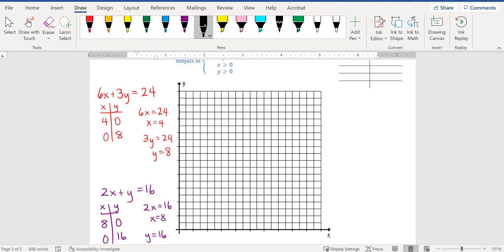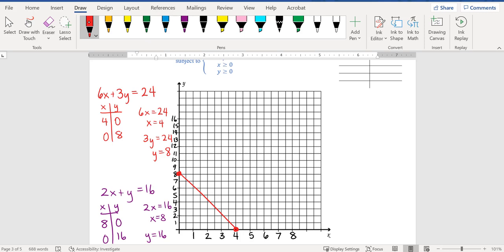I'm going to label the axes, 1, 2, 3, 4, 5, 6, 7, 8, and up to 16. All right, here we go. 4, 0 and 0, 8. There's my first boundary line.